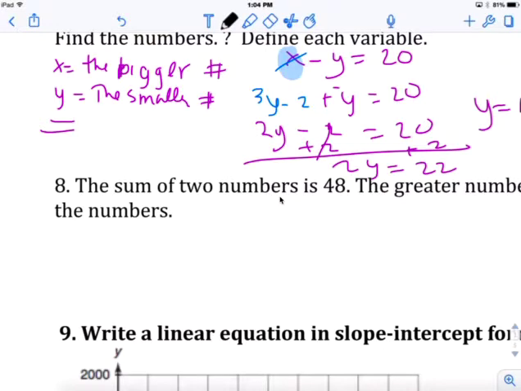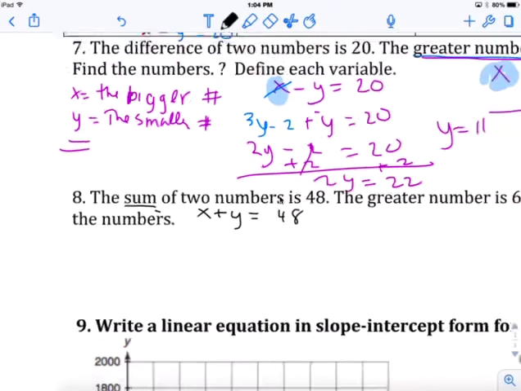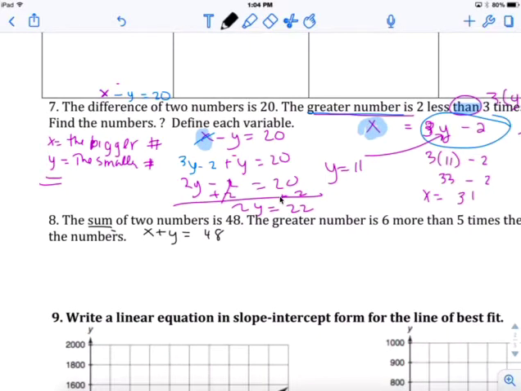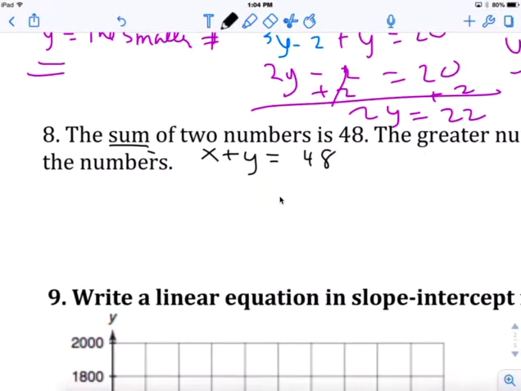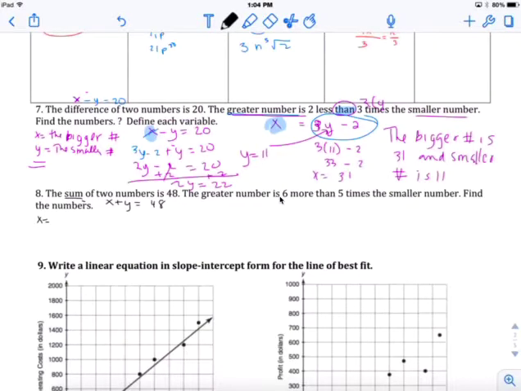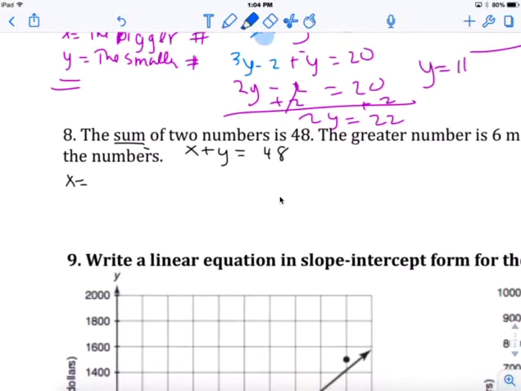So same thing here. The sum of two numbers, x plus y, is 48. The greater number, so x is going to be the greater number. In this case, it doesn't matter which one is the greater number. Just label one, and then we'll keep the first number as the greater number.